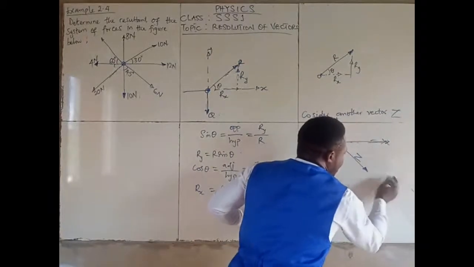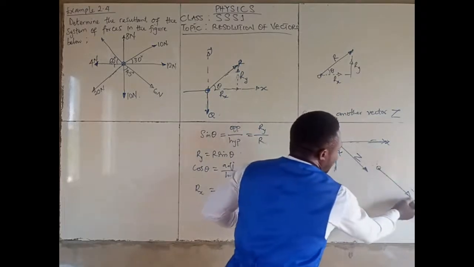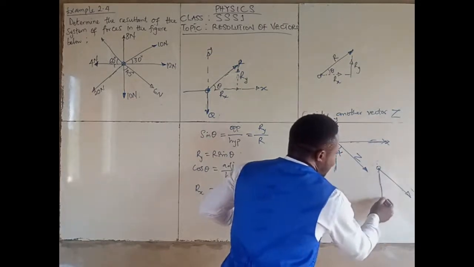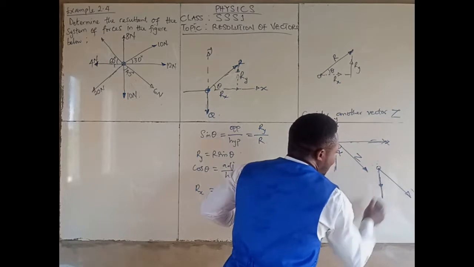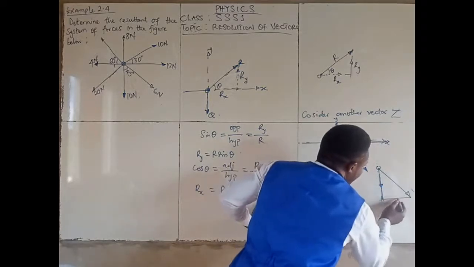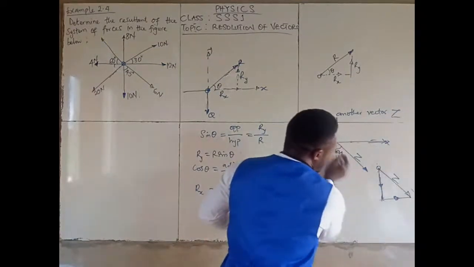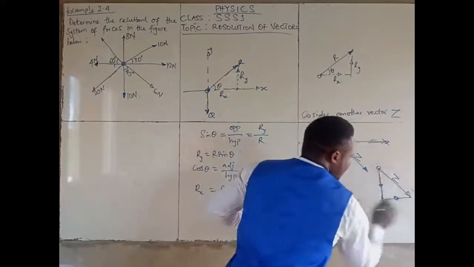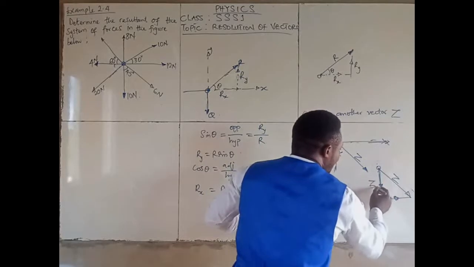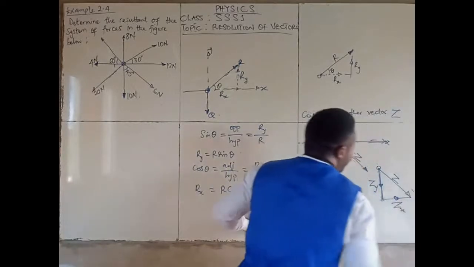You start from origin O and you want to end here, which means you trace it down vertically, along the vertical axis, and trace it horizontally so that it meets the end of vector Z. So this is the vertical component of vector Z, which we know as the y component of Z, and this is the horizontal x component of Z.